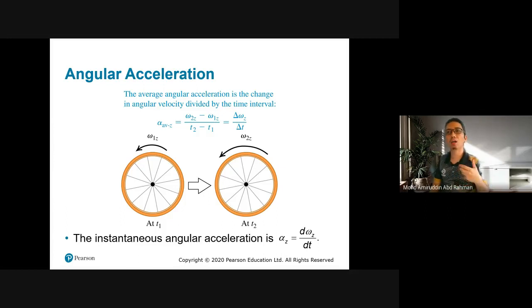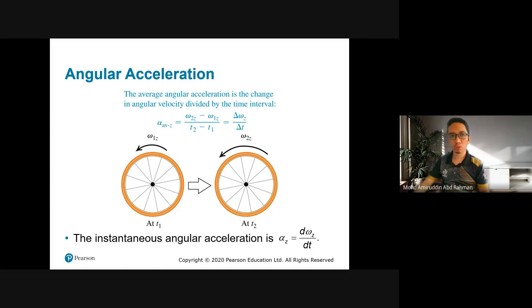If you are given the angular acceleration and you want to find the angular velocity, you need to do integration. But if you want to find the angular acceleration from the angular velocity, you just divide that by the time taken. So it is the same concept as the angular velocity.